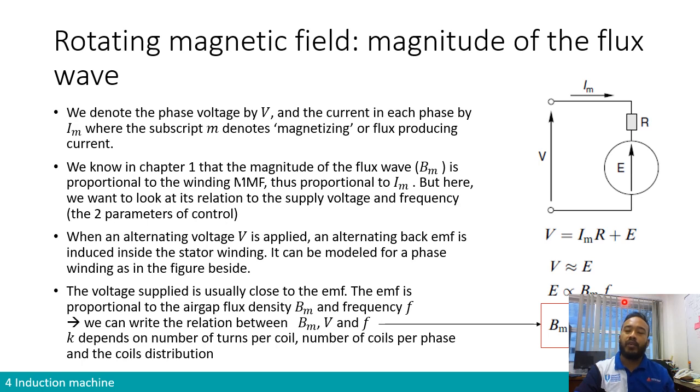If you are only changing V and maintaining F, then you change the intensity without changing the speed, because the synchronous speed depends on the frequency. Therefore, you will be able to maintain the speed, but you will be able to somehow control the torque of the machine. Okay.